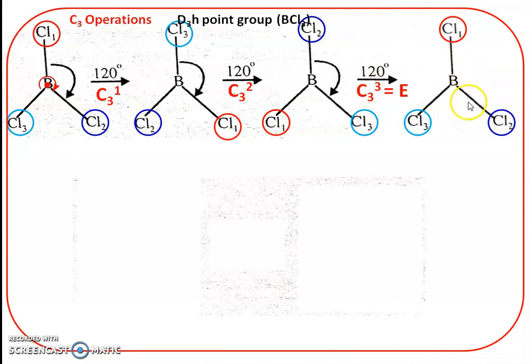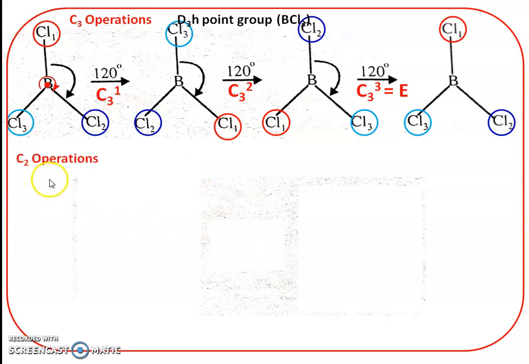Now look at the last structure and the first structure: they are the same, that is identical. The relation between first and second, they are equivalent. The relation between first and third, they are also equivalent. Only the first and last, first and fourth, are the identical structures, and these are the three C3 operations, C31, C32 and C33, which is an identity.